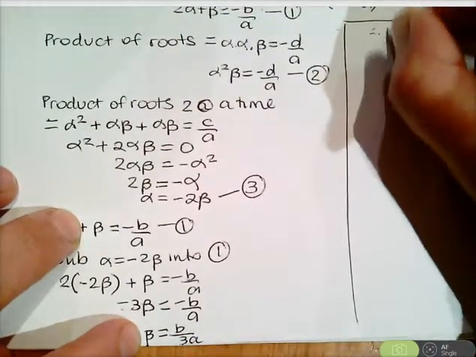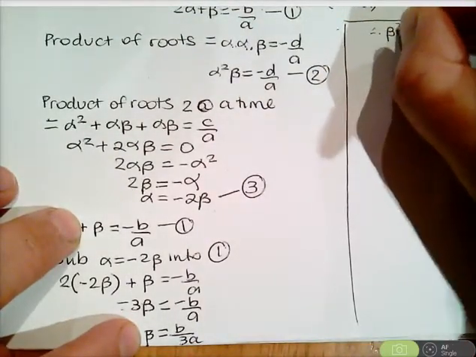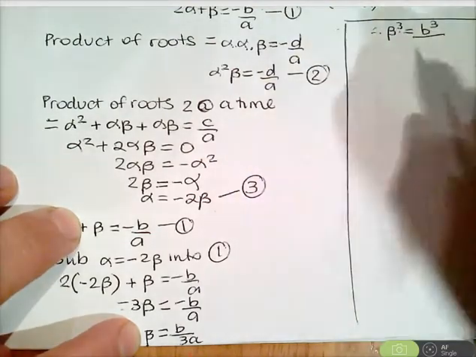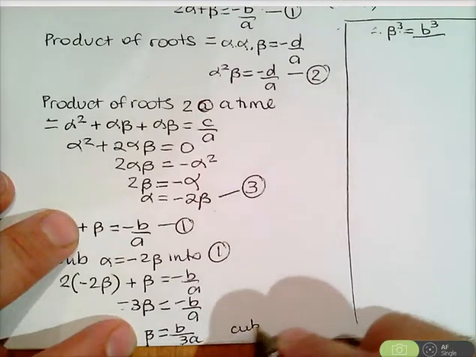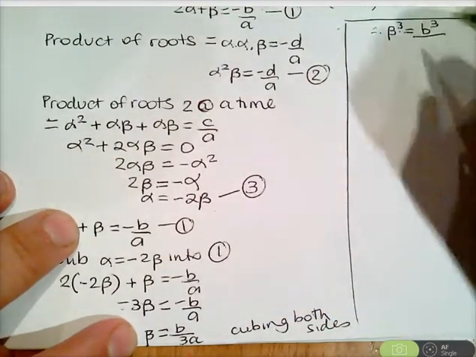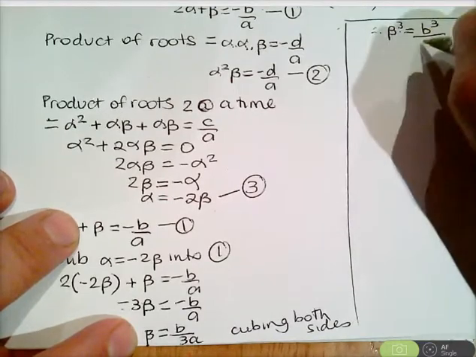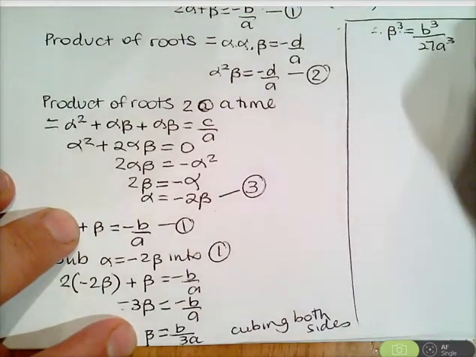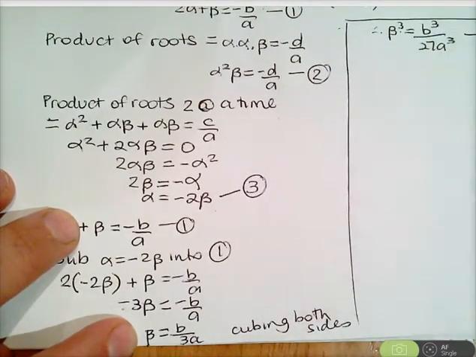Cubing both sides, we get that beta cubed is b cubed over 27a cubed. I'm going to call that equation 4.